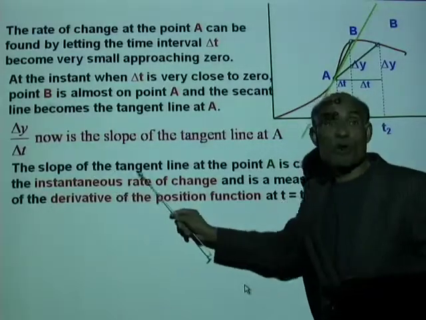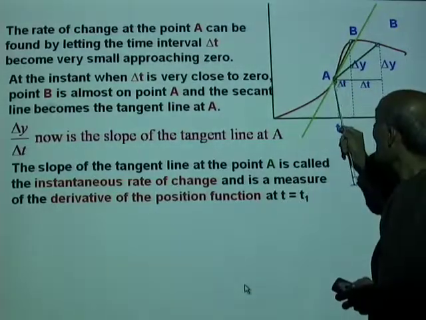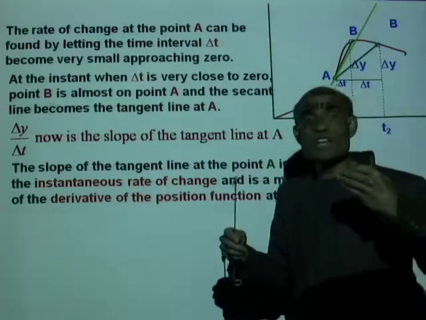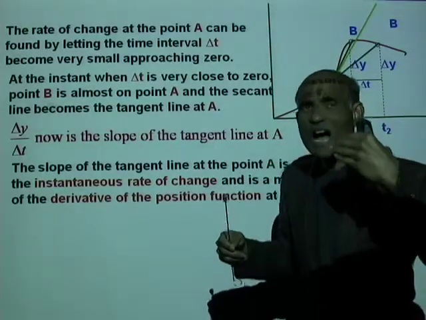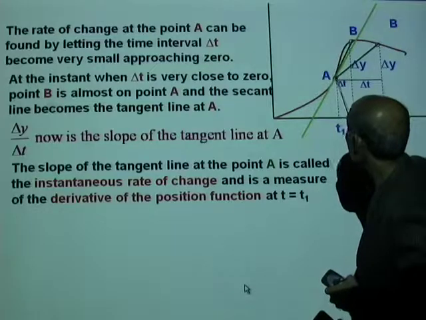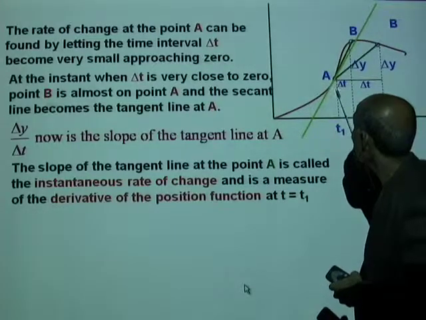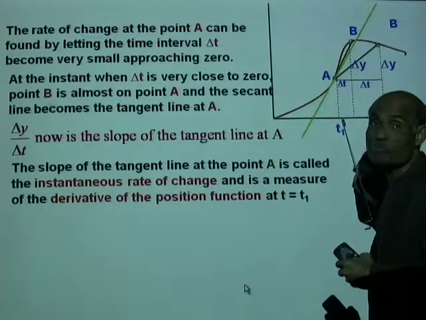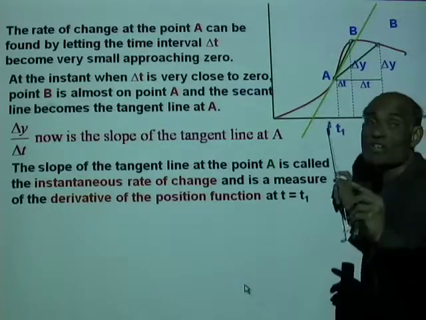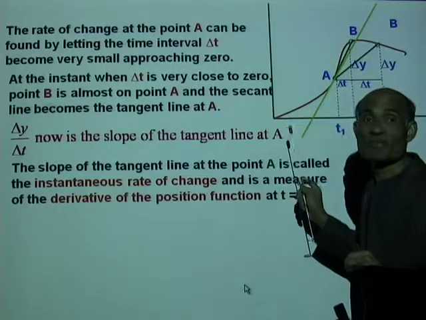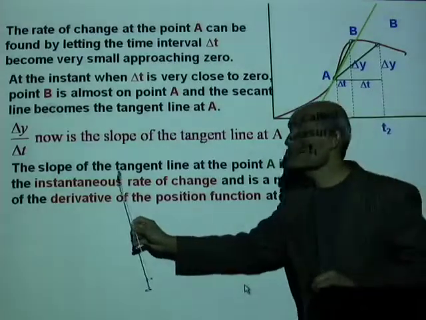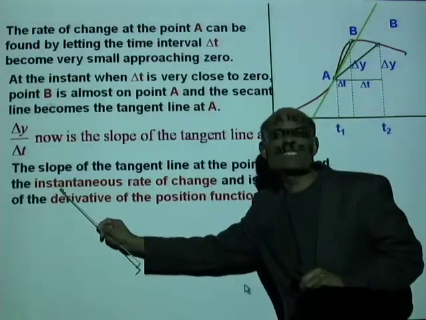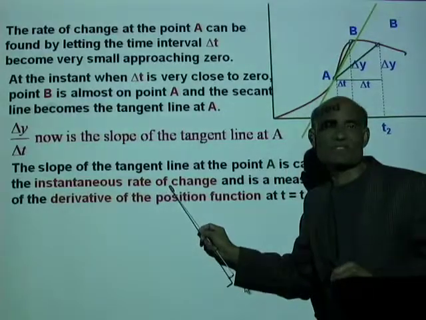So the slope of the tangent line at A represents the rate of change at A. That means the rate of change at A is the rate of change at the instant when the object is at A, or at the instant t1. So the slope of the tangent line is called the instantaneous rate of change.